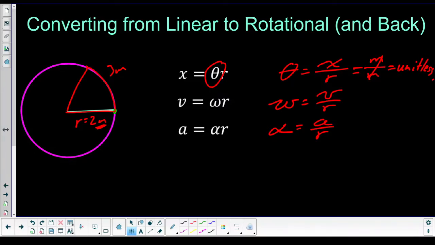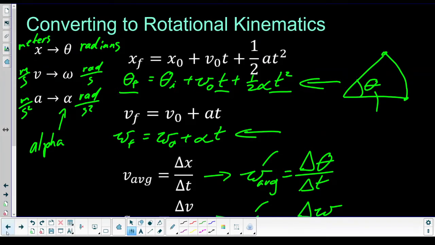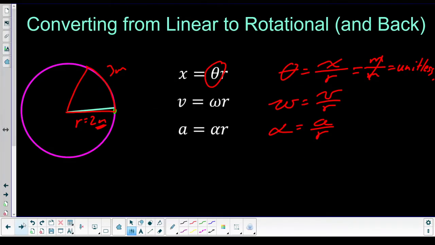Okay. But I just told you one slide ago that we measure it in radians. Why don't I get radians? For some reason in math, a radian is not a unit.